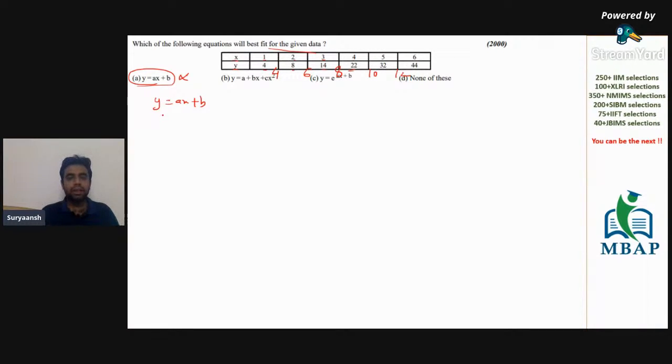So the next option that comes to your mind would be a quadratic relationship. That means option B, which is y is equal to a plus bx plus cx square. Now it's an increasing AP.